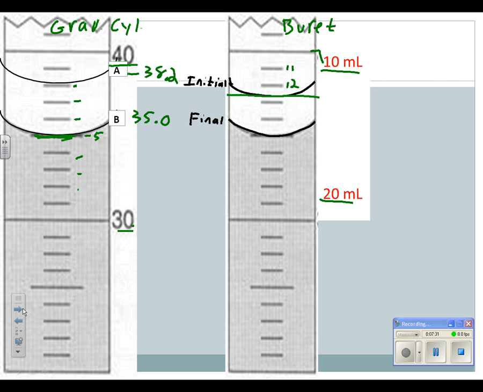So we know it's at least 12. And I'm going to say that's just about halfway. So I'm going to say 12.5 milliliters. I forgot my units over here. Please don't do that. And then the next one, we know it's 13, 14, 15. That is definitely right on that line. So the final will be 15.0 milliliters. This is initial, and this was final.